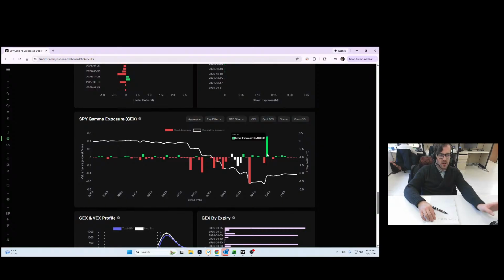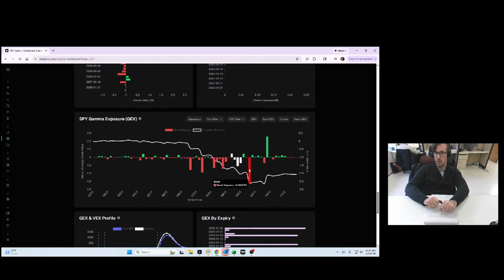I mean, we're not far off from the SPY all-time high. If it goes to 691, 692, 693, it's going to squeeze and go higher. So if it gets over 691, it'll probably go to 693. That's my feeling.